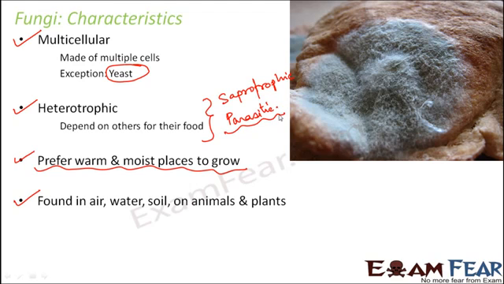In human beings there are a lot of fungal diseases, especially skin infections, which are very common. That is nothing but fungi living in the body of human beings, causing harm and getting its nutrition from the human body. So some fungi are parasitic, some are saprotrophic. They are immobile. They cannot move from one place to another like animals.